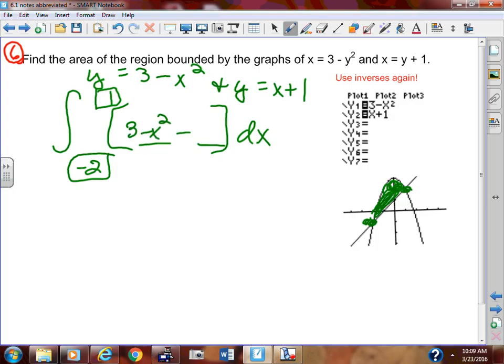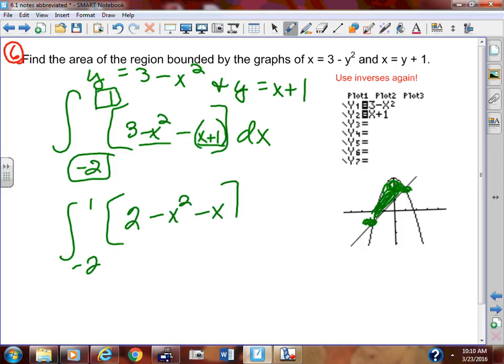And then the lower one, x plus 1. And what do I need for it? You need parentheses around it. There we go. So if you wanted to clean that one up, you'd have from -2 to 1. You'd have 3 minus 1 would give you a 2. Minus x squared minus x. Plug that in the calculator and it'll spit it out. You can also do that one by hand.